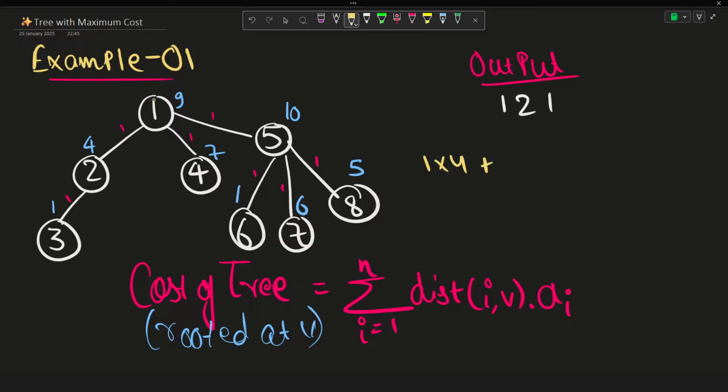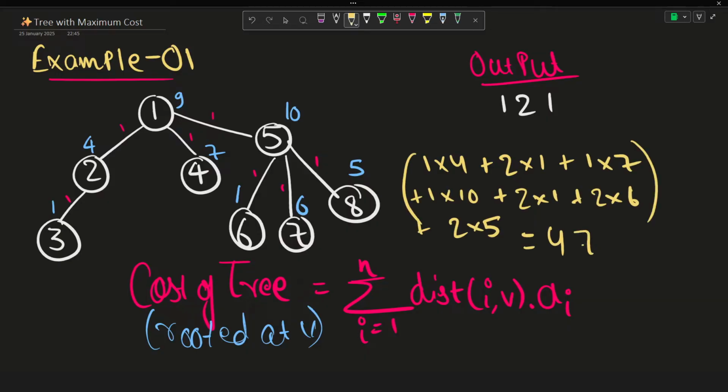Similarly, if we move from the first vertex to the third vertex, the total distance would be 2, so that distance is multiplied by the value present on the vertex we are reaching, that is 1. Similarly, we do it for every other vertex present in the subtree of this one. The total would be equal to 47.